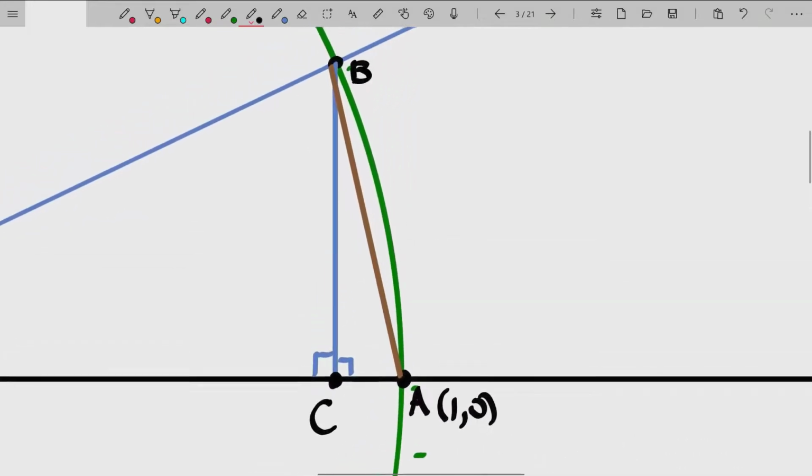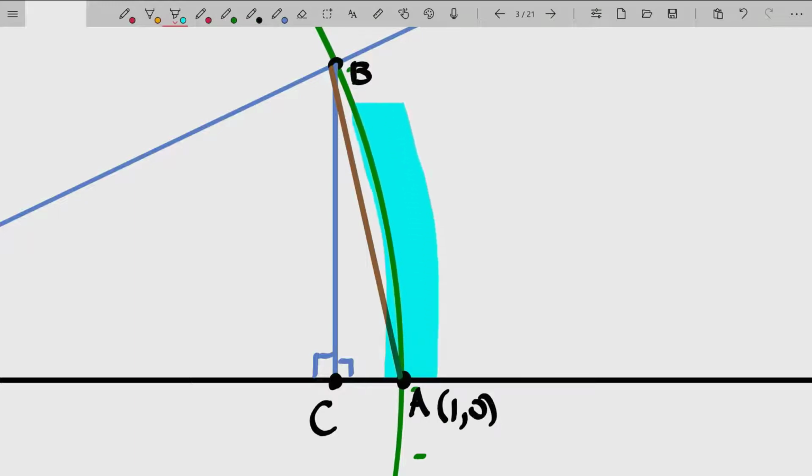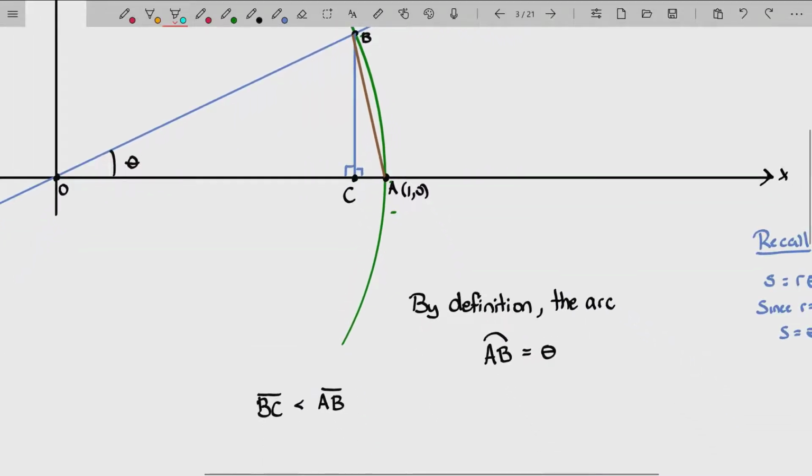However, as we also know from geometry, that chord length will be less than the arc length from A to B. Let me highlight that. My highlighter's kind of large, but that arc length is going to be longer than the chord length between A and B, from our geometry prerequisite.